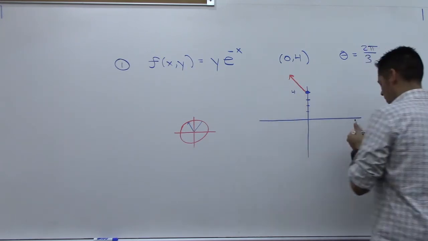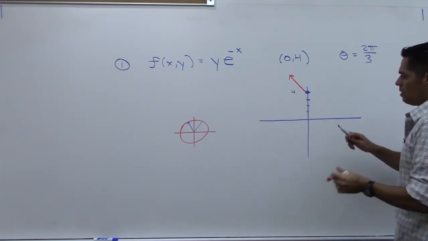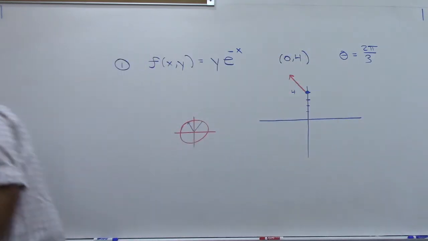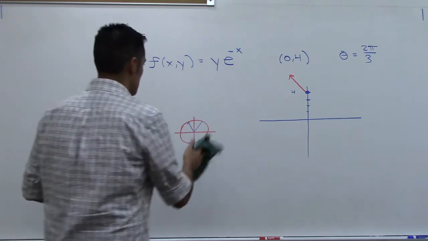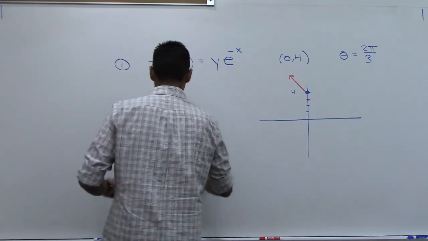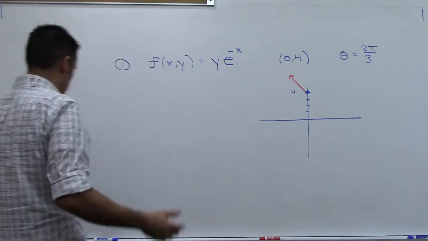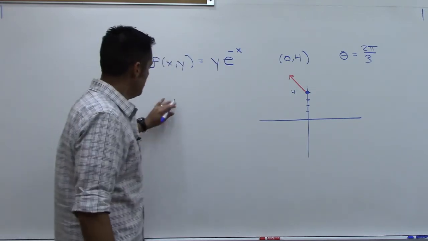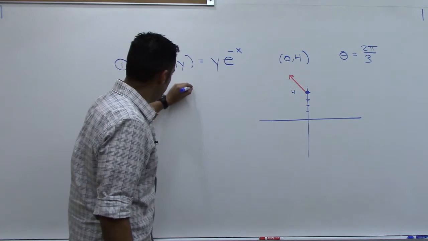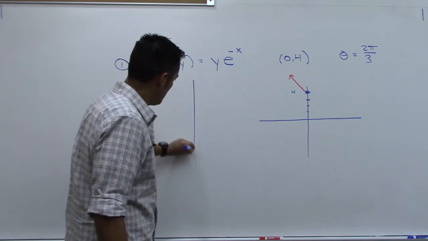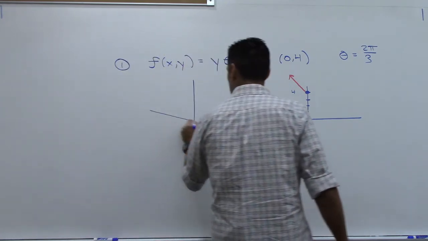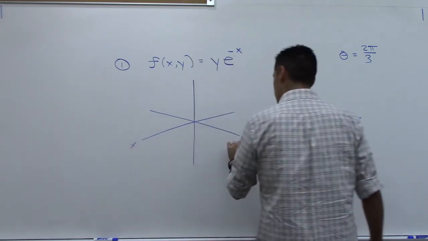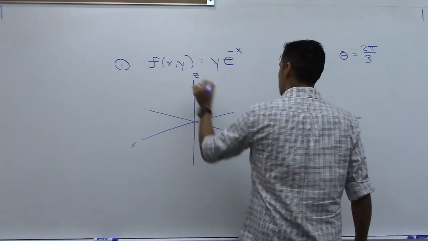So imagine now that this is on the ground, and we have a surface above this. So I'm going to try and draw a picture of that. I won't draw pictures for this whole thing. This is just the first example to get us started here. So I have my axes here. This is x, this is y, this is z.